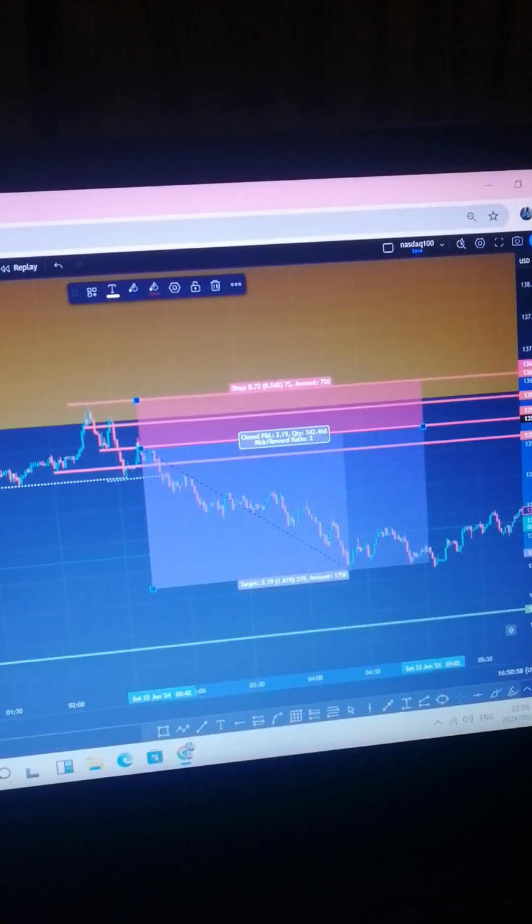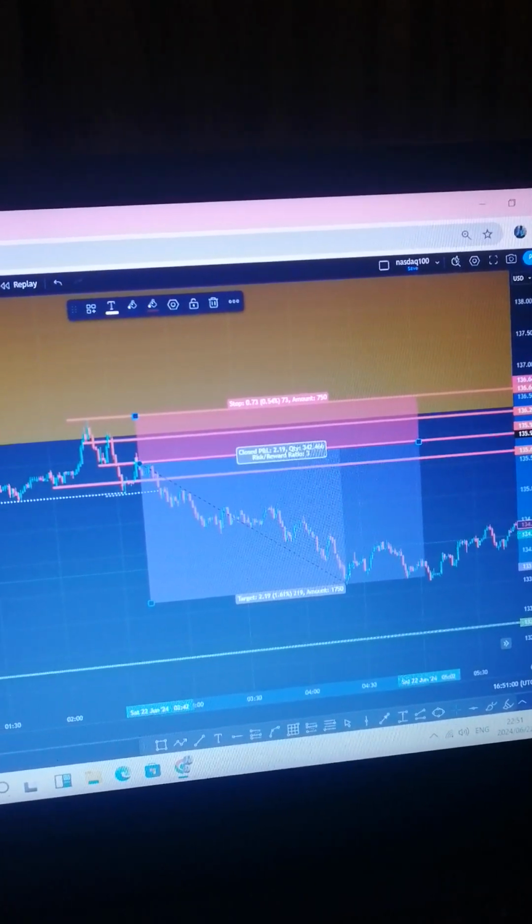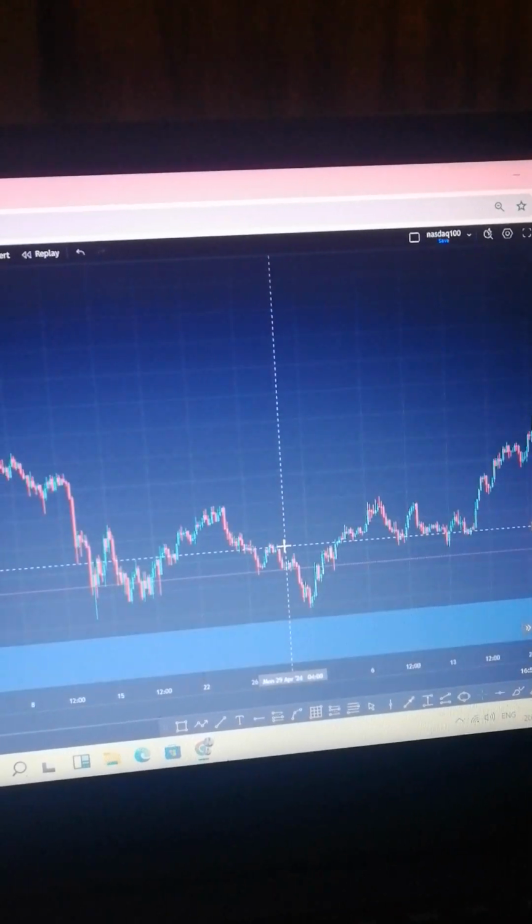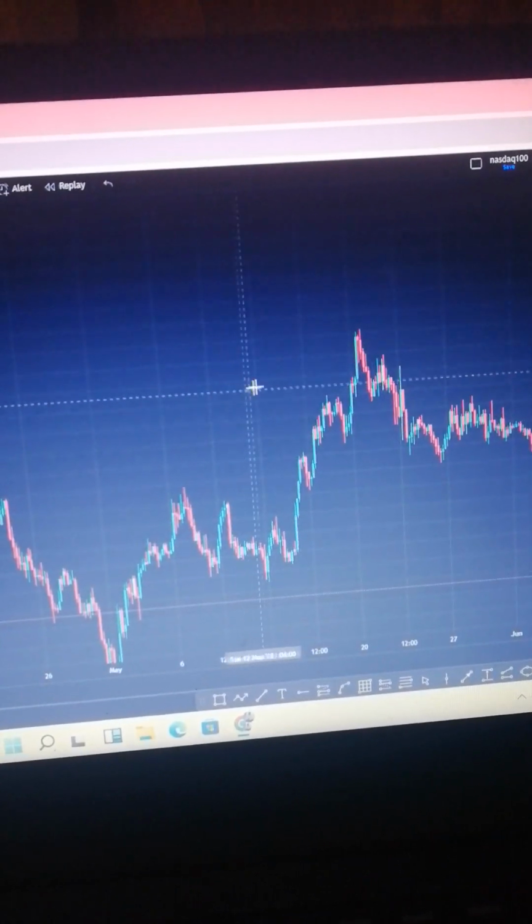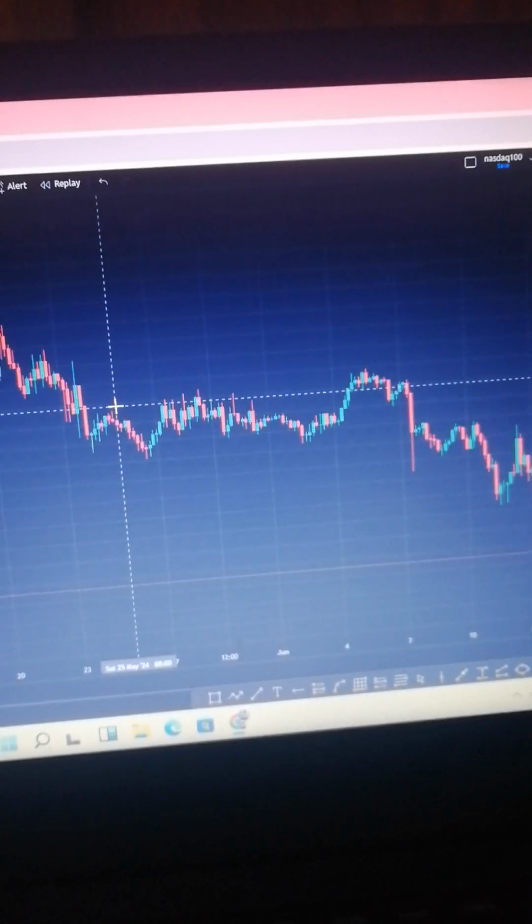And that's how we trade everything in the market using smart money concept. I think it's very clear.